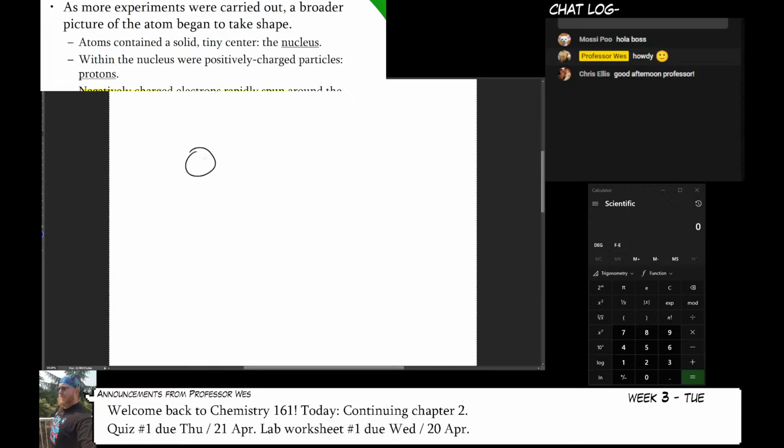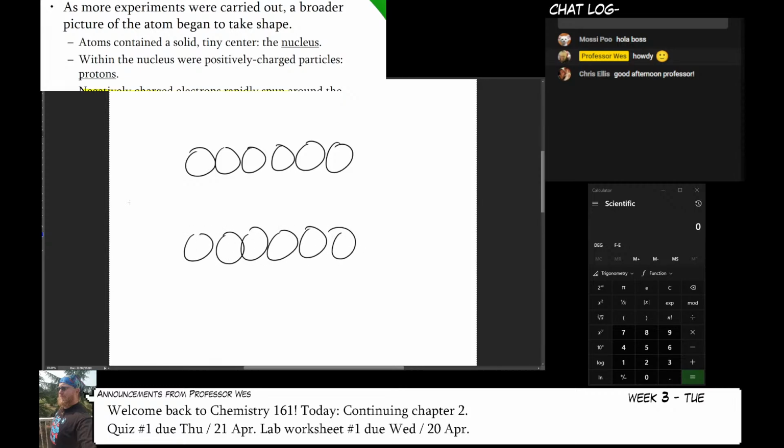So here are going to be atoms of one object, and here are going to be the atoms of other objects. Now, on each of these atoms, I'm going to draw the nucleus. It's just this blue dot in the middle here to represent that these are our nuclei, and they're extremely tiny.